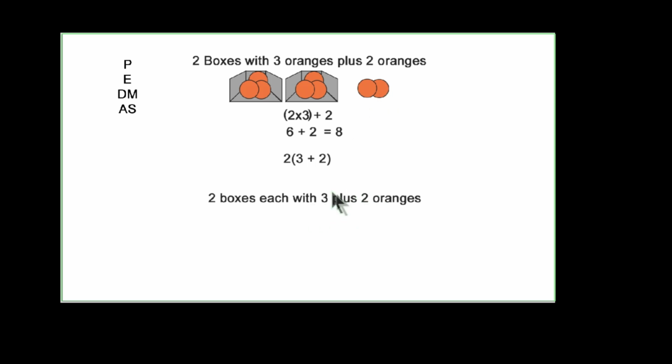Here it's inside, and I know that because inside the parens is 3 plus 2. Okay, and so that means that each box has 3 plus 2 in it. All right, so let's work on this expression. What this looks like is this. 2 boxes, as you can see, each box has 3 plus 2 oranges in it.